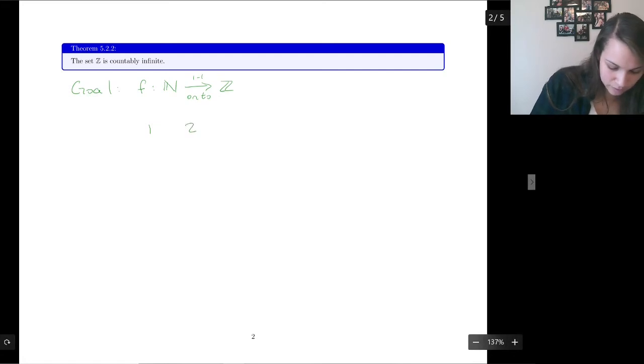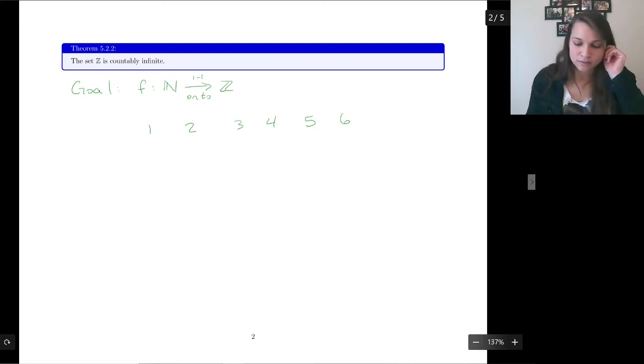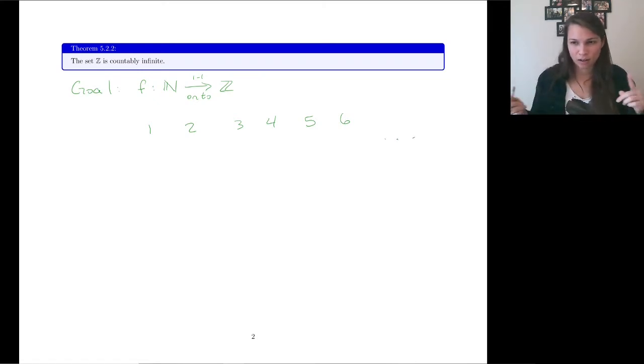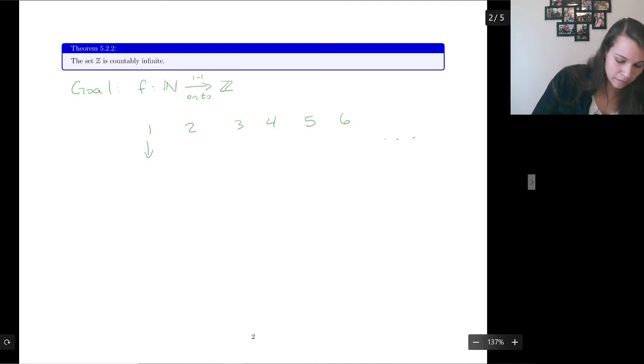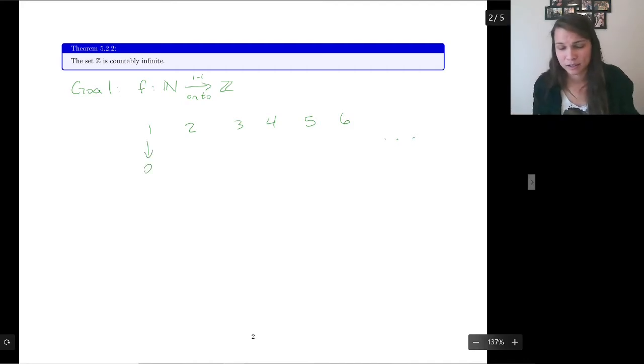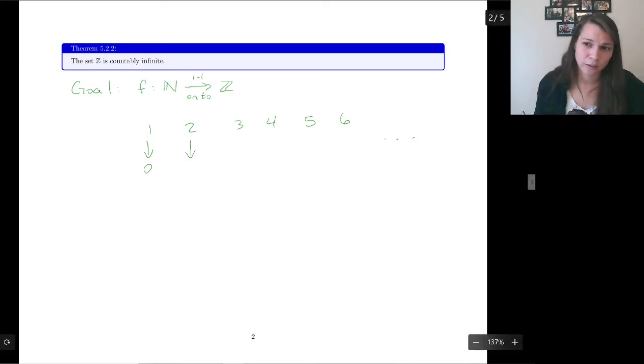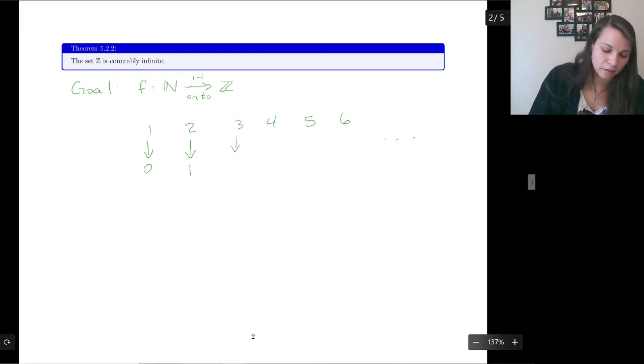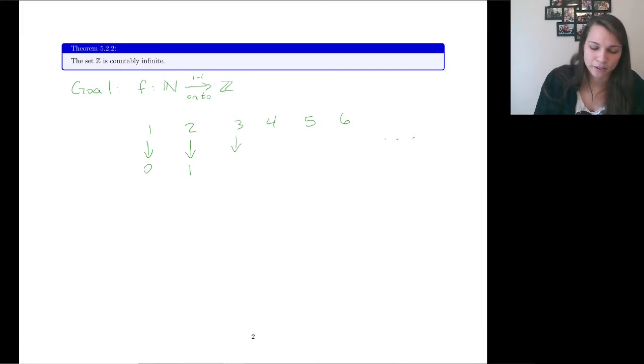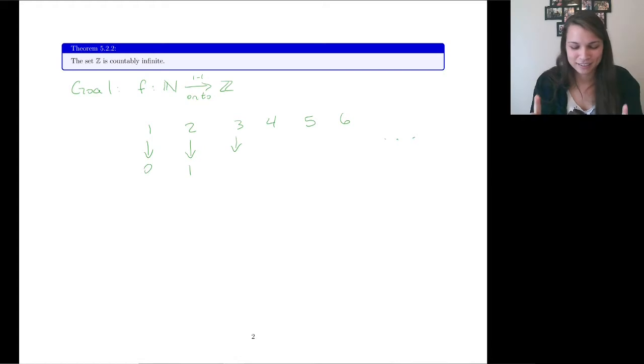So here are our natural numbers, 1, 2, 3, 4, 5, 6. The way we're going to do this is we're going to alternate what we pick for these to map to. I'm going to map the very first one to 0 because something's got to go to 0, might as well make it the first one. And then 2 is going to go to 1. So nothing crazy so far. You're like, I don't understand how this pattern is going to be helpful.